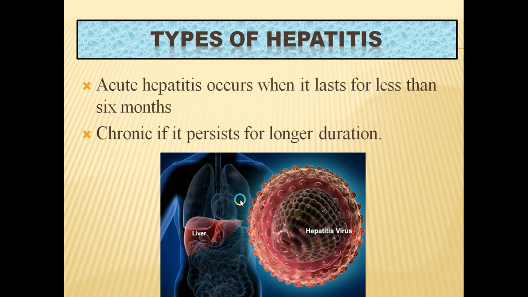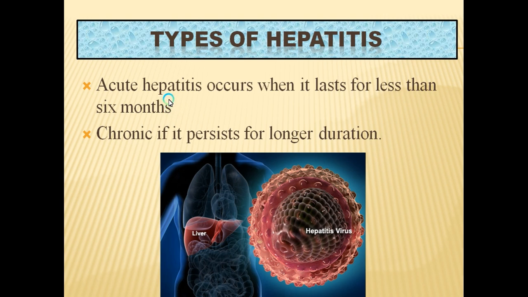Now we have different types of hepatitis. Okay, so what are the types of hepatitis? First is acute hepatitis and chronic hepatitis. When do we say it is acute hepatitis? When it lasts for less than 6 months.